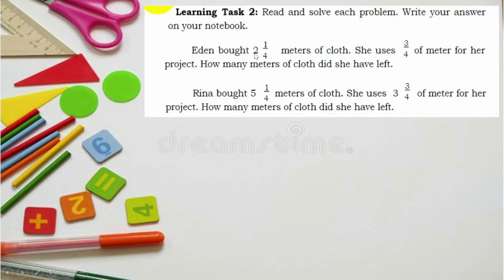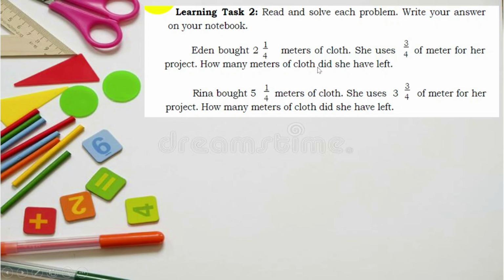So, katulad ng ginawa ko kanina, yung 2, magiging 1 and 4 over 4. Then, i-add sa 1/4. Ganun lang po. Then, number 2. Rina bought 5 and 1/4 meters of cloth. She uses 3 and 3/4 of a meter for her project. How many meters of cloth did she have left?